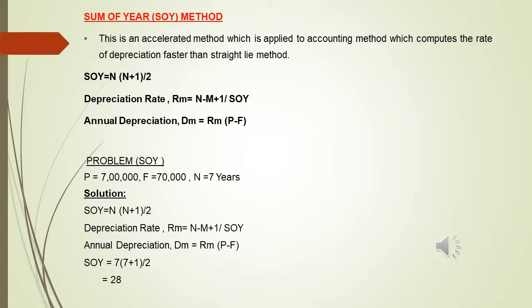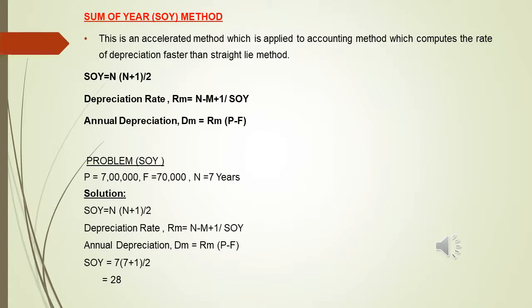So in the question they have given P as 7 lakh, F as 70,000, and n as 7 years. Now we have to solve this by SOY method.